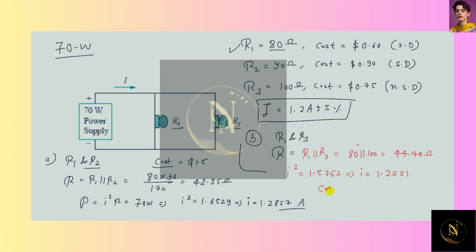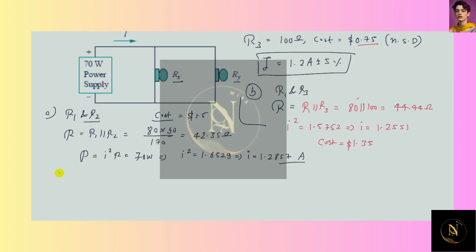The cost would be 0.75 plus 0.60, which equals $1.35. Now we can choose the third option, R2 and R3.